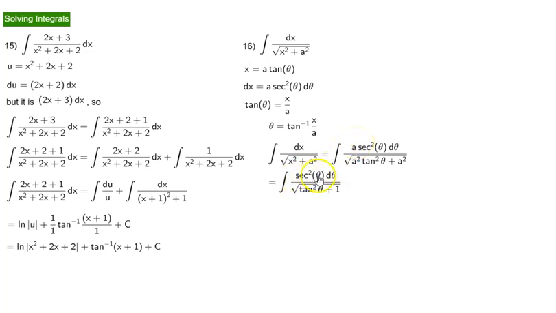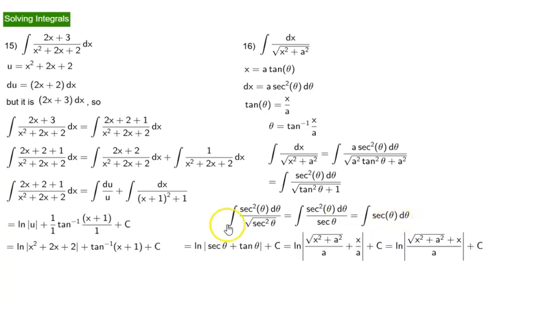So integral sec square theta d theta divided by square root of tan square theta plus 1. This becomes square root of sec square theta. The square and the square root cancel out. So in the denominator we have sec theta. One sec theta from the numerator and this sec theta in the denominator cancel out, and we are left with integral of sec theta d theta.